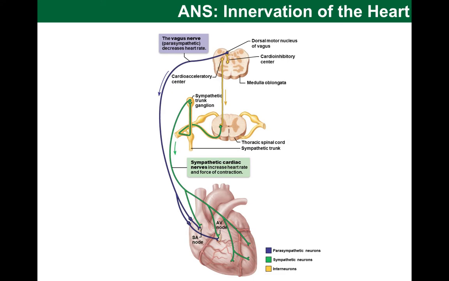There we will find cardiac centers from where the signal runs down the spinal cord and nerves to the SA and AV nodes. This is for speeding up the heart rate. And to slow down heart rate, we rely on the vagus nerve. This was the wandering nerve that we also talked about. It calms down and slows.